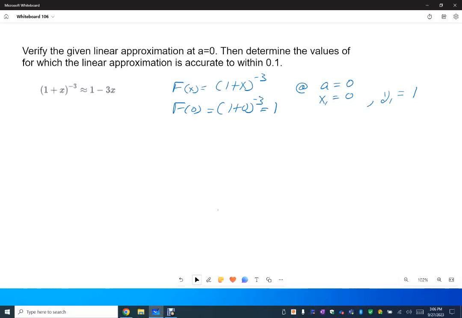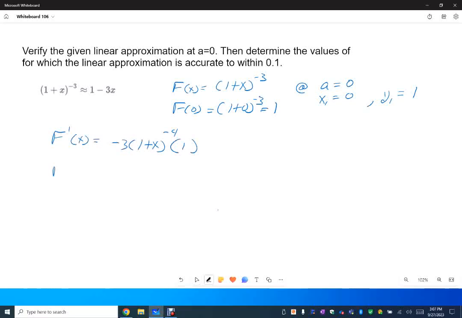Now, to get the slope of my linear approximation, I will take the derivative, f prime of x equals, let's see, negative 3 times (1 plus x), subtract 1 from the exponent gives me negative 4. Take the derivative of the inside, which is just 1.